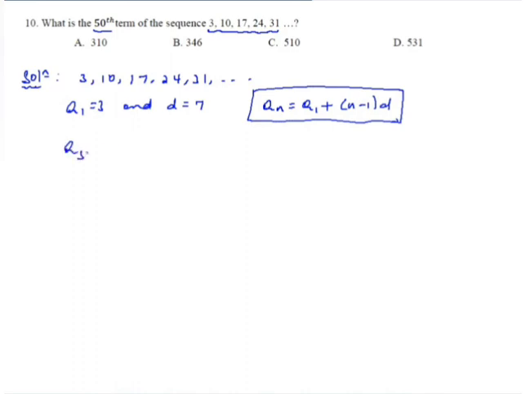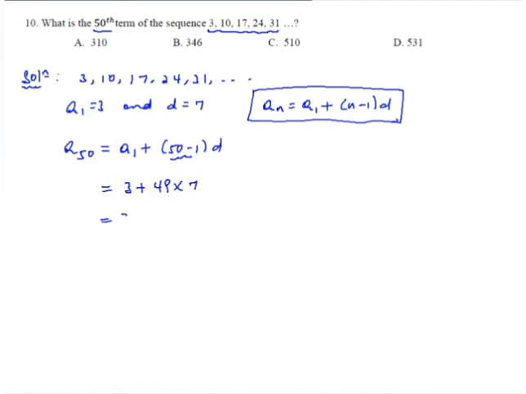So the 50th term is the first term plus (50 minus 1) times the common difference. Now the first term is 3, 50 minus 1 is 49, and the common difference is 7.